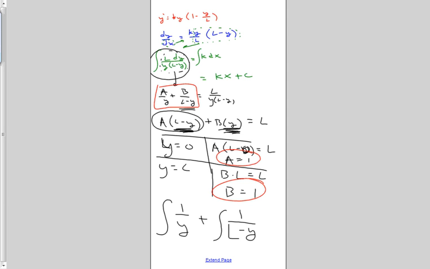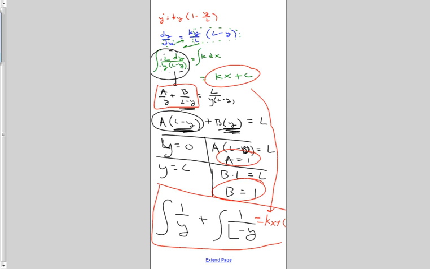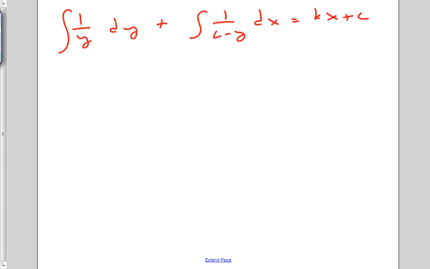And this equals kx plus c. Now let's move this whole thing onto a new page so it's a little bit fresher. All right, to do this integration, we're just going to get a bunch of ln.